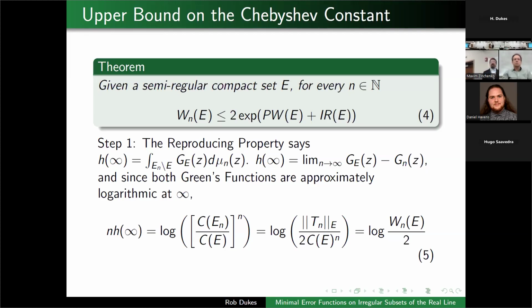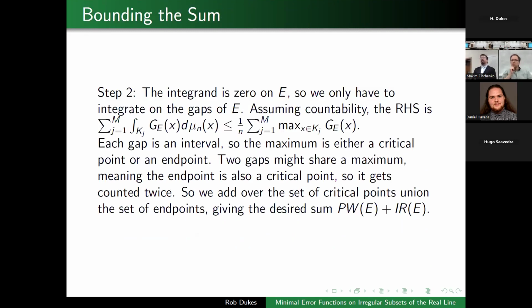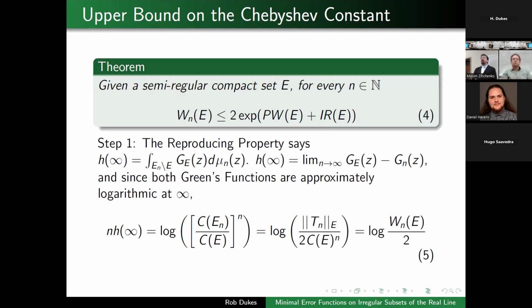So as we go to infinity, those parts cancel out, and we end up with a finite value, which turns out to be the log of capacity of E_n over capacity of E, which works out to log of the Widom factors over 2. And you can multiply that out and take the exponential, and you get a bound there.